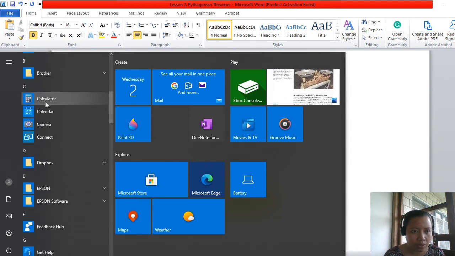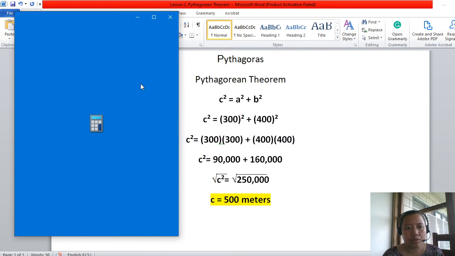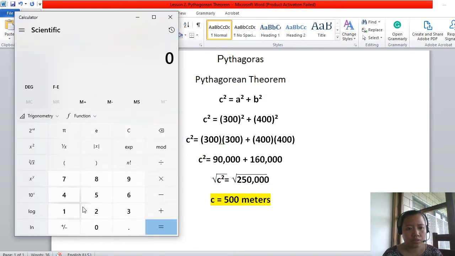We have here, okay, our calculator says 250,000 and its square root, so it's 500 meters.